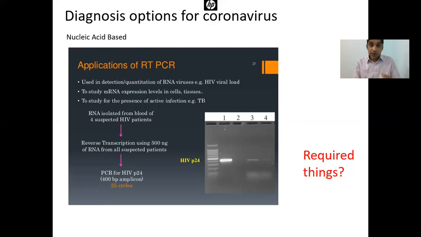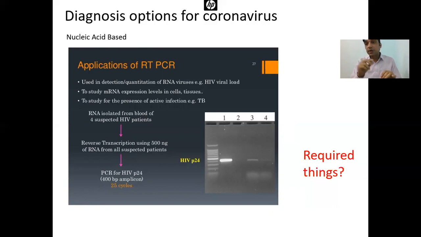So when we extract a sample from patients who have an RNA virus like HIV or HCV, or now the coronavirus, we get the blood, and then we extract the RNA out of that blood. If the coronavirus is there, the RNA will be extracted.